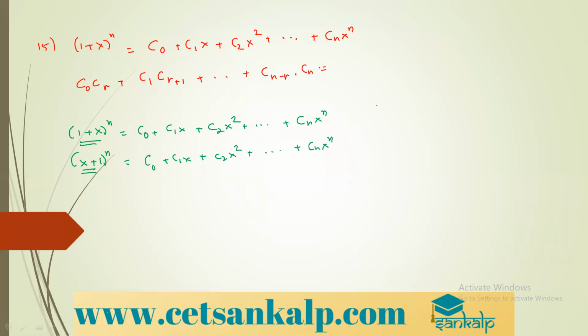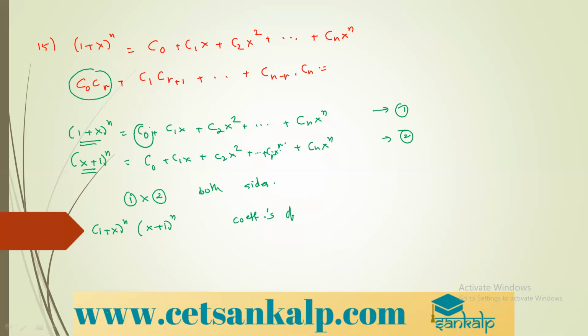Now I will multiply 1 and 2. Both the sides I will multiply. That means I am multiplying (1+x)^n and (x+1)^n. But while multiplying these two, I am taking only coefficients of x^r. Like suppose here in the middle we have Cr x^r.